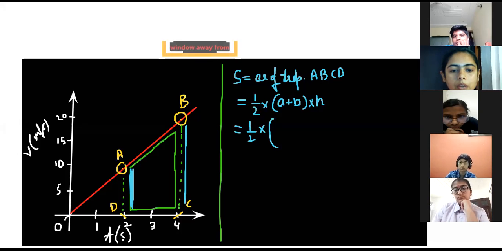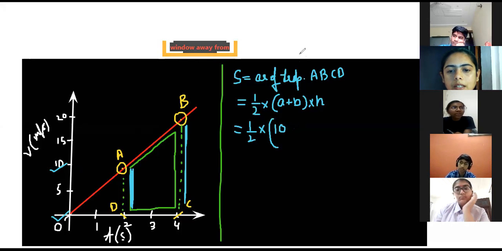Find the value of A to D. A to D starts from 0, goes till 10. So we can have 10 minus 0, that is 10. Just a minute. Before we do this, we just write the labelings first.